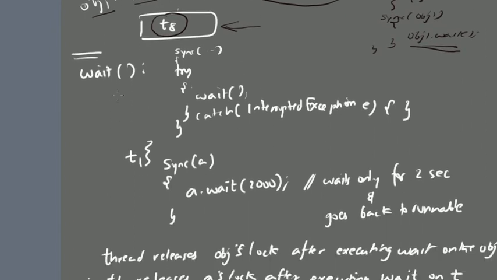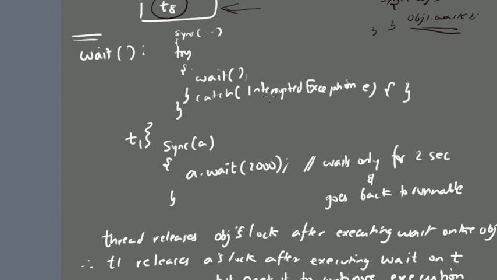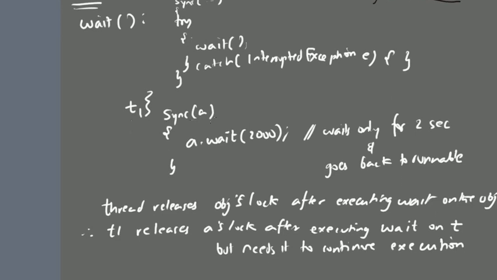Now let's look into the wait method. A wait method could throw an exception. It's called an InterruptedException. Just like a sleep method could be interrupted, so is the case with the wait method. There is another variant of the wait method, which takes time as an argument.